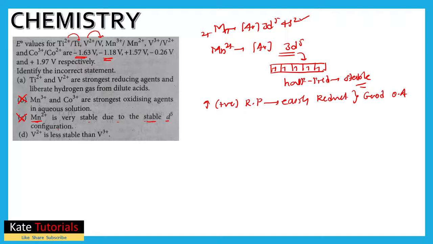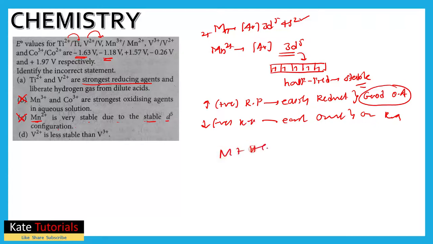I have told you that positive reduction potential means they easily undergo reduction and act as good oxidizing agents. Since these have negative values, they are not good oxidizing agents. They won't easily undergo reduction, they easily undergo oxidation, so they act as good reducing agents. Option A also says they liberate hydrogen gas with dilute HCl, because metals react with HCl to form metal chloride along with liberation of hydrogen gas, right? So this statement is also correct, but they have asked for the incorrect statement, so this is also not our option.